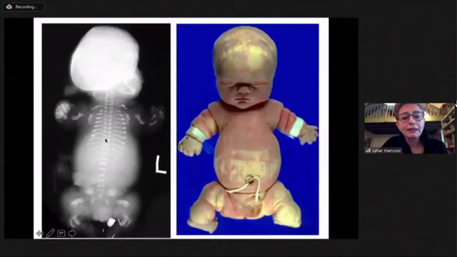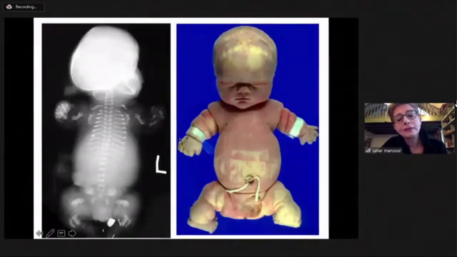You can see thin vertebral bodies, micromelia with a curving of the humeri, as well as the telephone receiver femora and the trident acetabulum, these little pointed spurs in the pelvis. This is not a difficult diagnosis to make when you have an x-ray like this.